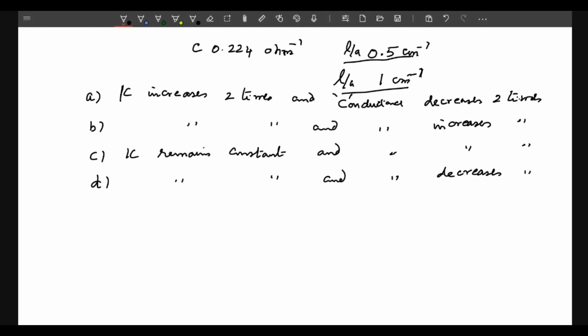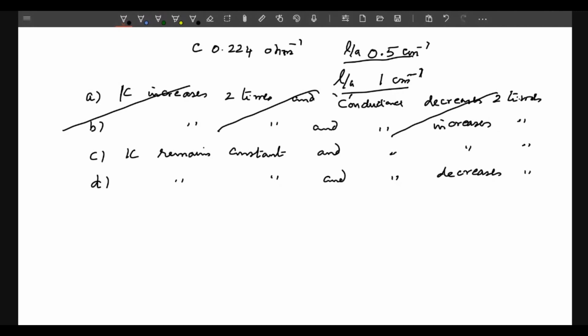But the specific conductance between different electrolytes is different. For the same electrolyte, whatever may be the dilution, whatever may be the concentration, the kappa remains the same. If you understand that, you simply rule out the first 2 possibilities, because kappa increasing for the same electrolyte is wrong. It remains constant.